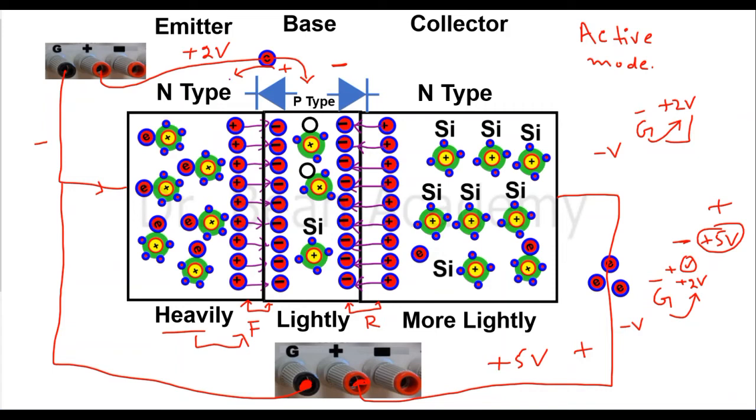And as a matter of fact, there are very few free electrons in this region, because I told you this is very lightly doped. I told you that it is almost 10 times lower in doping than the base. Base is also lightly doped. So there are almost no free electrons in this region.